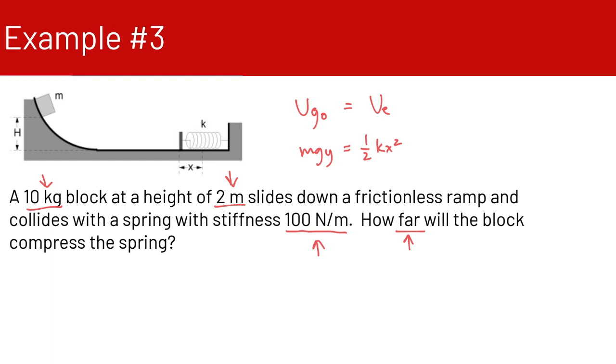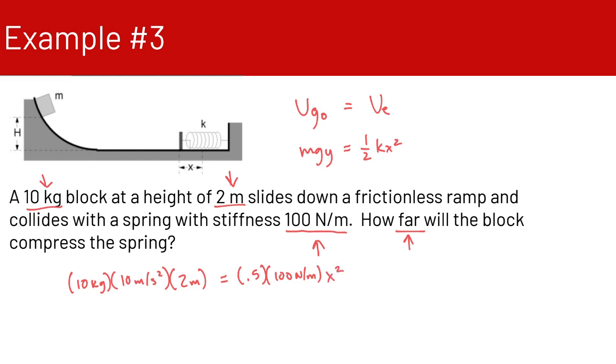We don't know how far the block will compress. So we have 10 kilograms times 10 meters per second squared, that's our g, times our height of 2 meters, and that's equal to 0.5 times 100 newtons per meter times x squared.